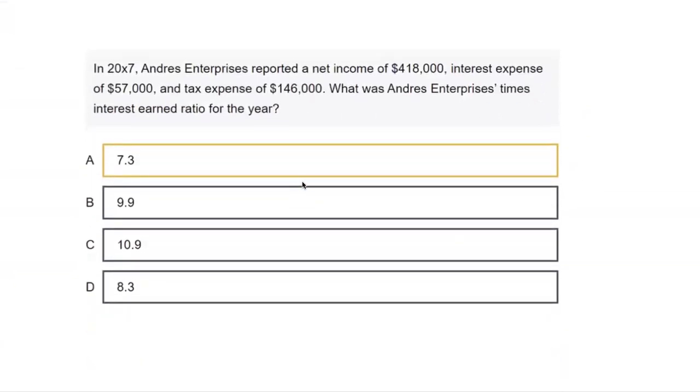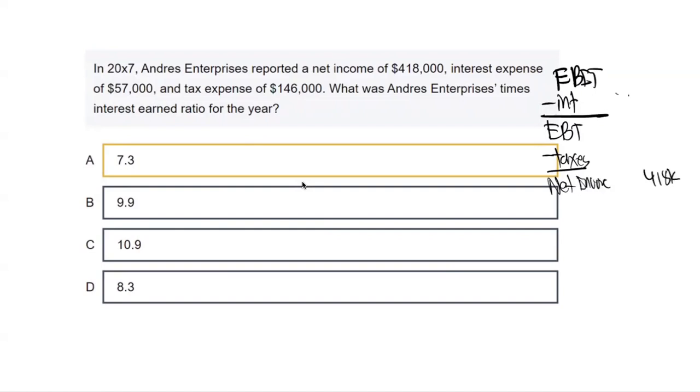Next. Times interest earned ratio. So once again, we would have our income statement format here. So EBIT minus interest equals EBT minus taxes equals net income. Net income for 18, interest expense 57,000, taxes 146,000.